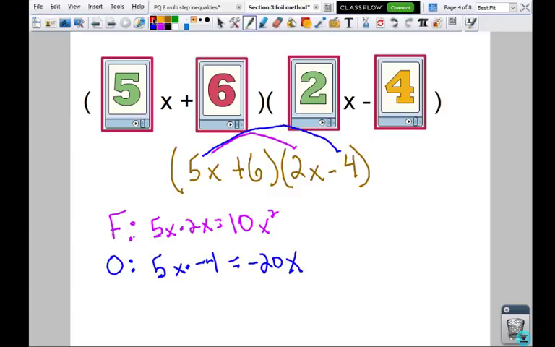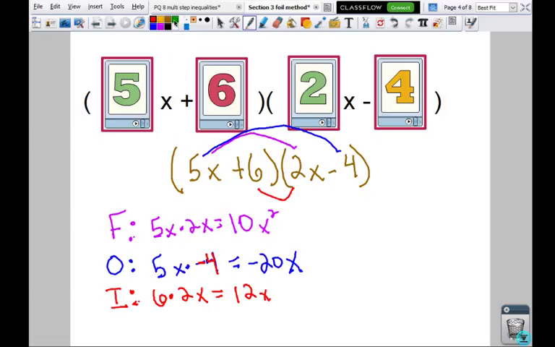For the inside, what are we gonna multiply, DeAndre? The 2 inside ones are 6 and 2x. 6 times 2x. 6 times 2 is 12, we get 12x.